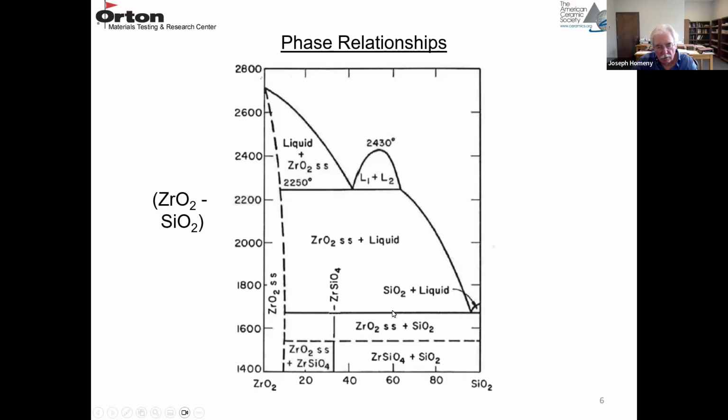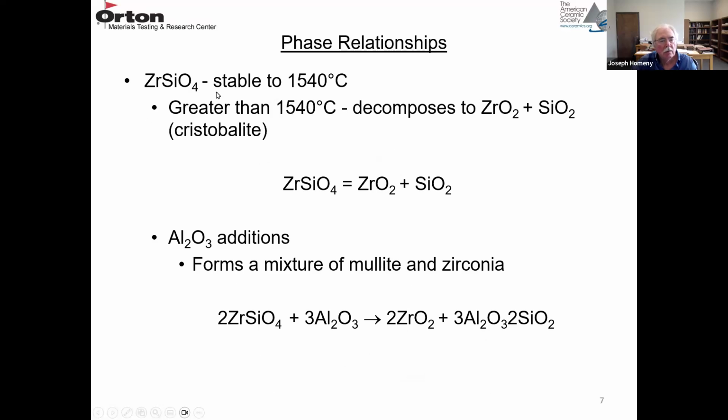And then the first liquid, zirconia plus liquid, appears at some more or less than 1700 degrees C. So zircon is stable to 1540 degrees C. It decomposes to zirconia and silica at higher temperatures.